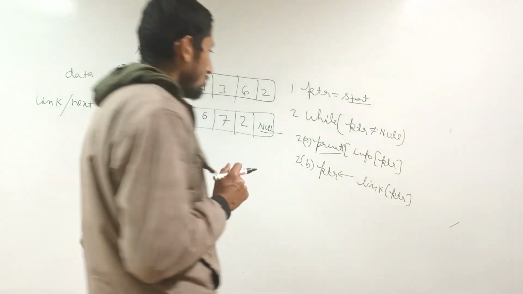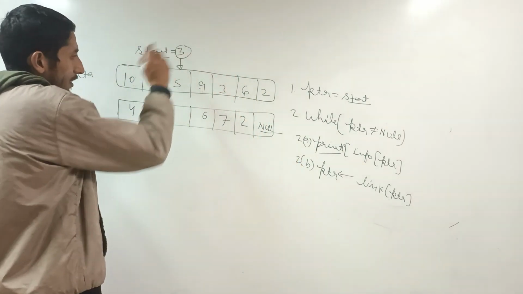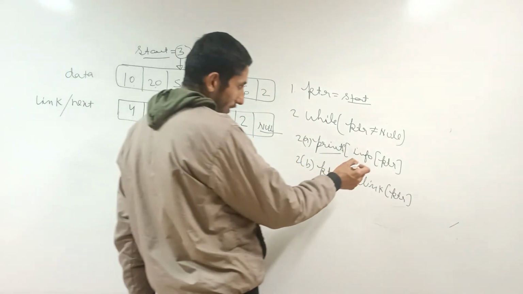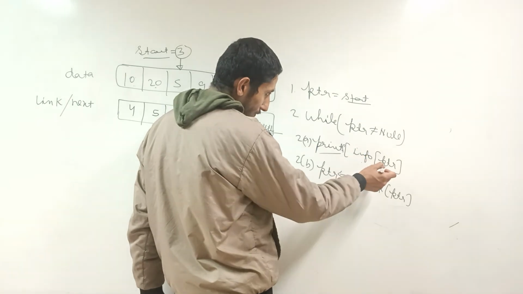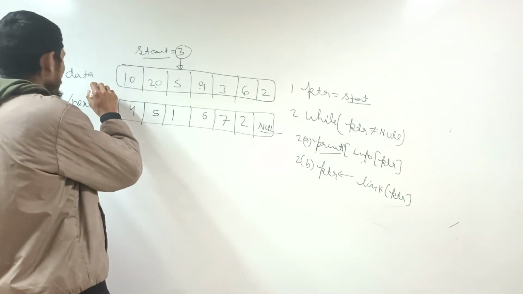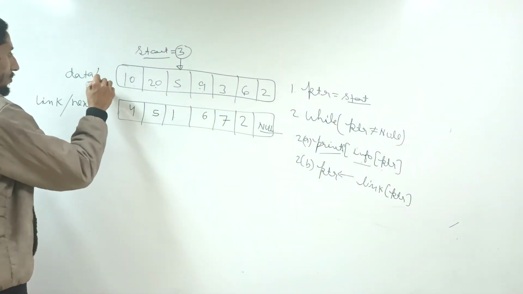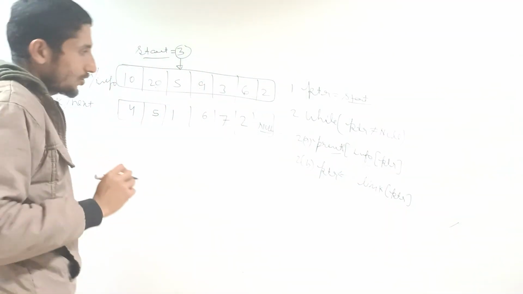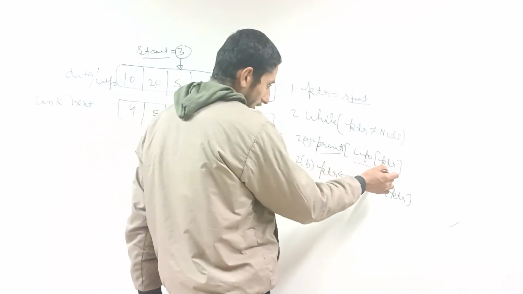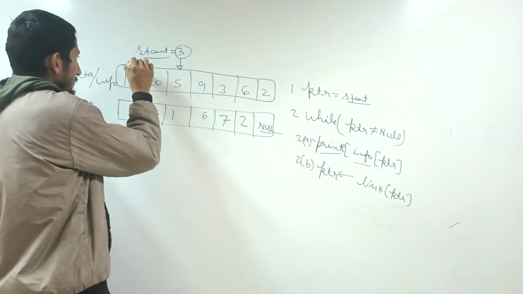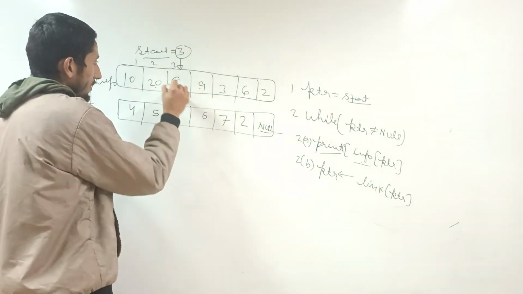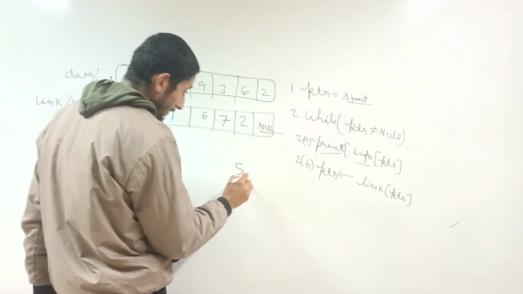So let me explain what the value of PTR is. The value of PTR is 3. So it becomes info of 3. So what is info? Info is an array. We have taken data, so you can change the name. Info and data are both the same thing. So we have taken the info part of 3. So what is the info part of 3? That is 5. So it will print 5.